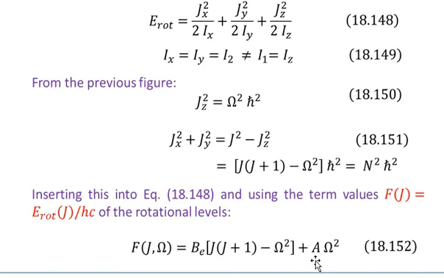And you know that this is what we have introduced in the expression F of J is equal to E rotational of J over hc, and E rotational has been defined in equation number 148. So using equation 148 and using the value of Jx square plus Jy square equal to N square into h bar square, I have written F of J omega equal to B times J into J plus 1 minus omega square plus A times omega square.